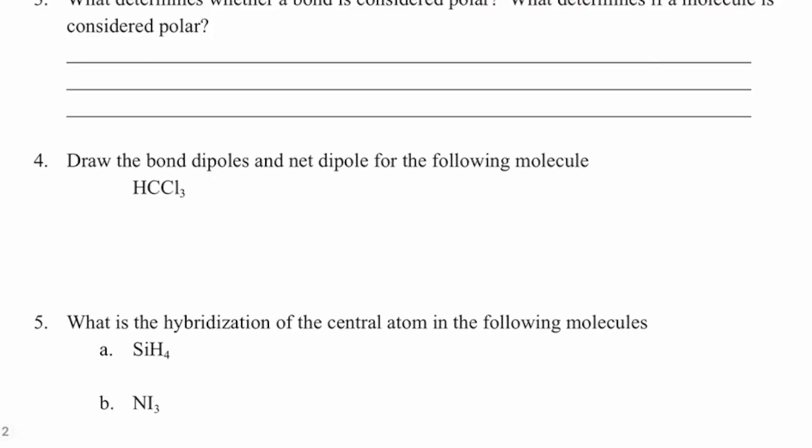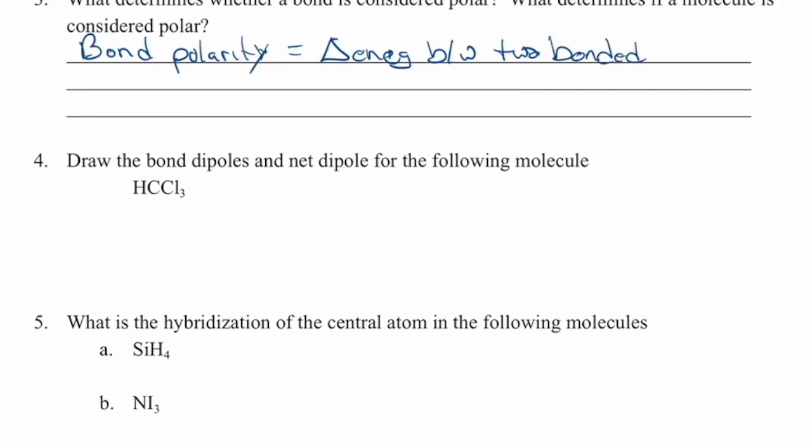So let's talk a little bit of conceptual work. What determines whether a bond is considered polar, and what determines if a molecule is polar? Bond polarity, simply put, is equal to a difference in electronegativity between 2 bonded atoms that is larger than 0.5 on the Pauling scale.